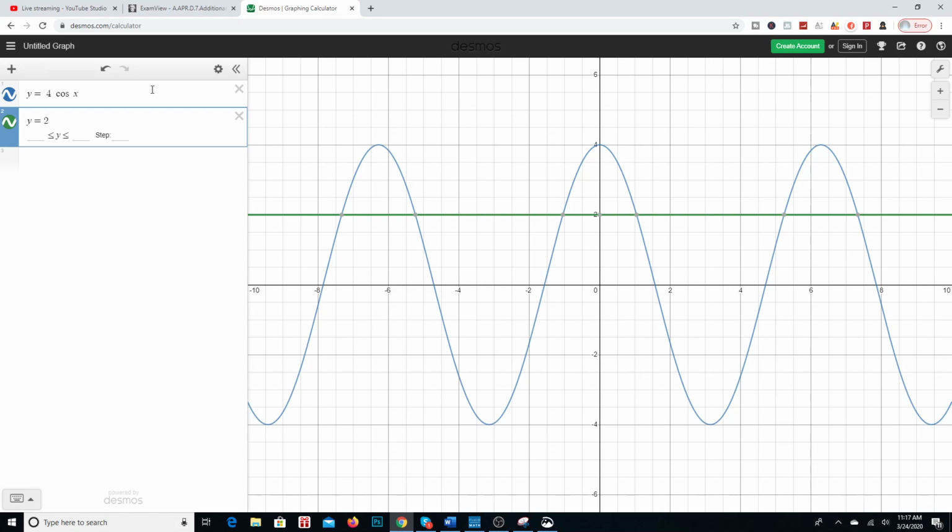So in terms of pi, what's everything greater than 2? You're going to say from pi to 2 pi, or pi to infinity. Let me know if you have any questions so far, guys.